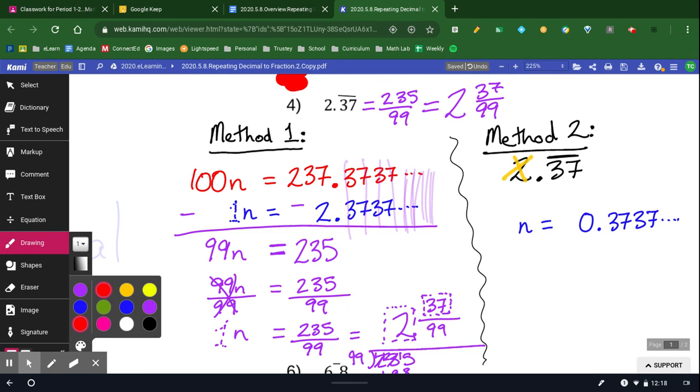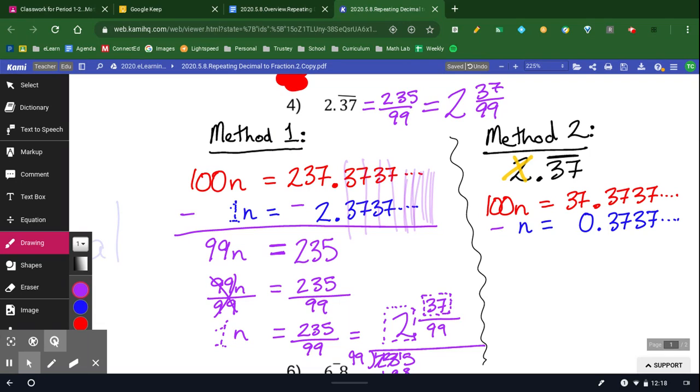Naturally, we'll multiply everything by 100 because there's 2 repeating decimal places. 100 sets of n is 100 n's. 100 sets of 0.37 repeated move the decimal place 2 times to give us 37 wholes, 0.373737. Notice that everything lines up quite nicely.